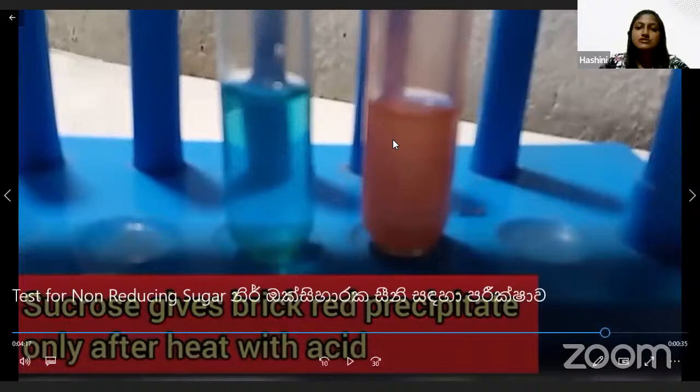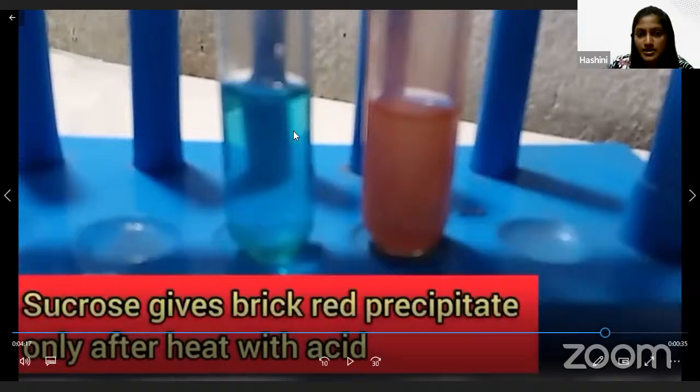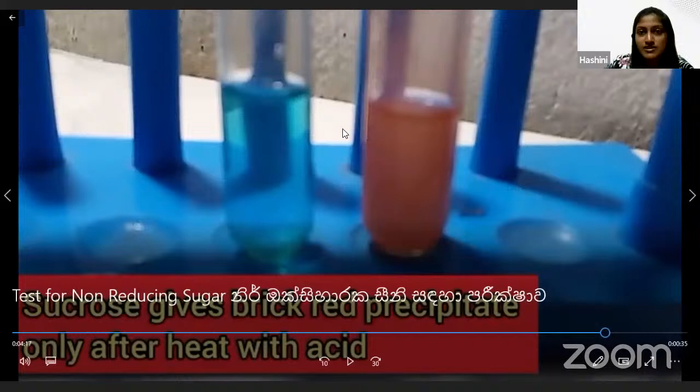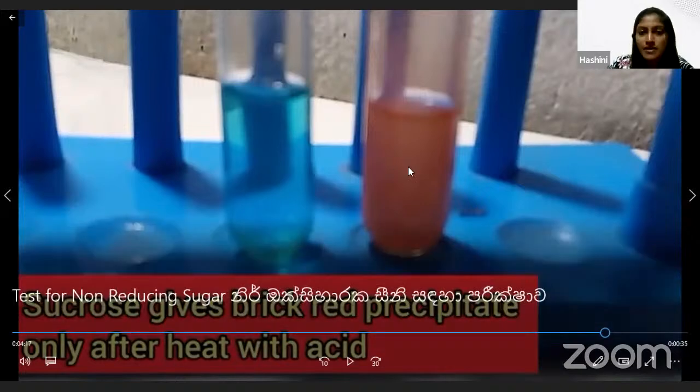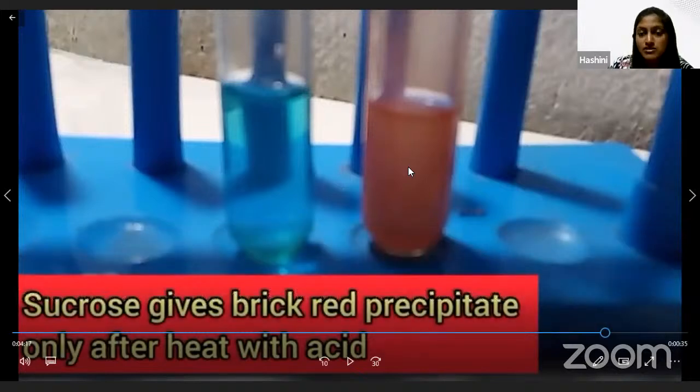Right. So when there is only sucrose, it will not give any color change for the Benedict solution. But when we add some sulfuric acid or HCl acid to this reagent, what happens? It will break down to glucose plus fructose, glucose and fructose.